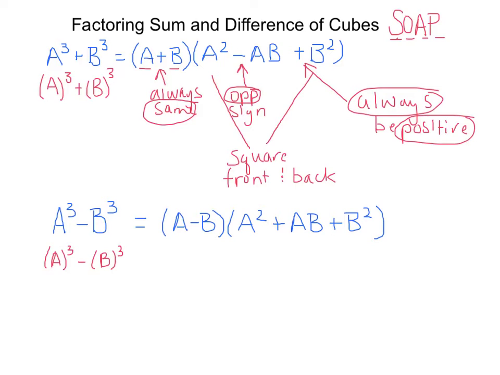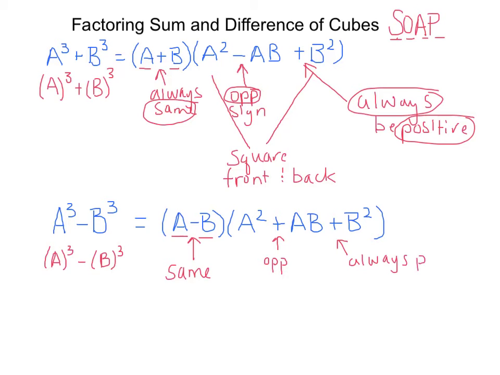Okay, the difference of cubes is very similar, but what you're going to do is take the cube root of the a cubed and the b cubed, and put that here, and then notice that the sign right here is the same as what you started with, and this sign here is opposite, and then the third term in this trinomial is always positive.